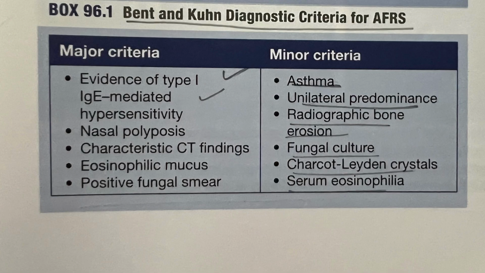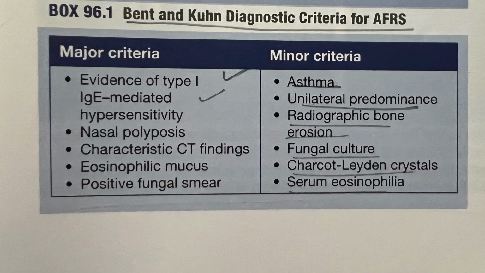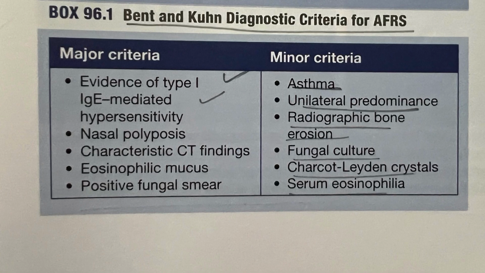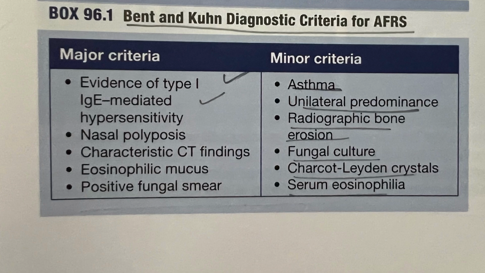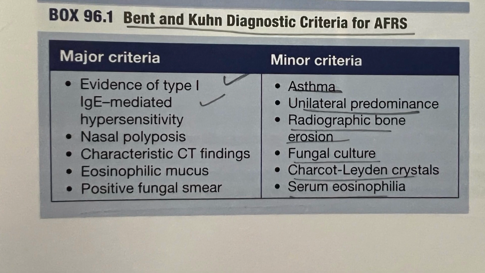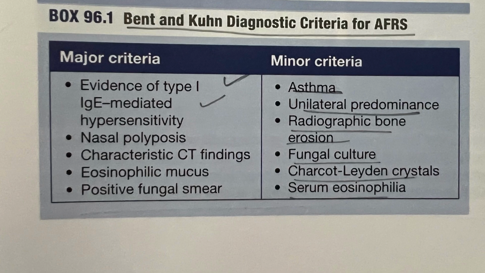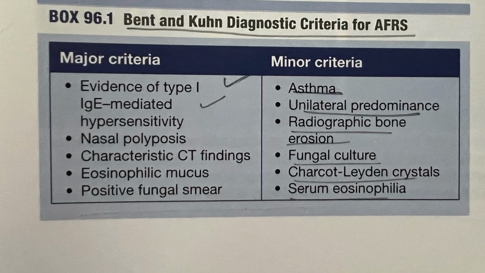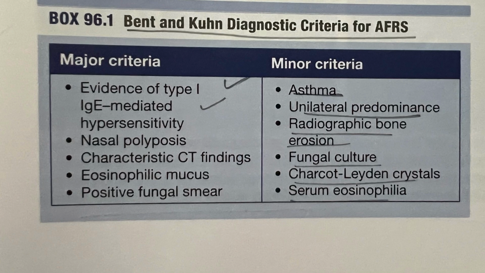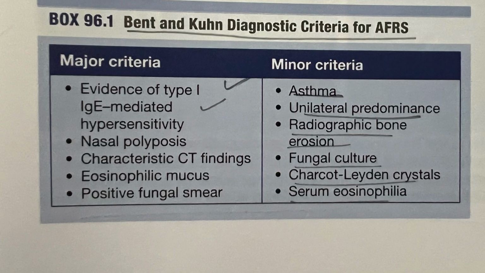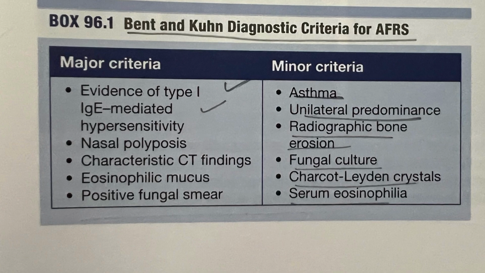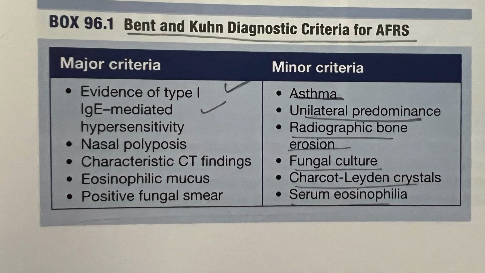Diagnostic criteria for AFRS. In 1994, Bent and Kuhn described diagnostic criteria for AFRS. These patients show 11 important features. Major criteria are evidence of type 1 Ig-mediated hypersensitivity, nasal polyposis, characteristic double density or railroad track sign in CT finding, eosinophilic mucin, and positive fungal smear.